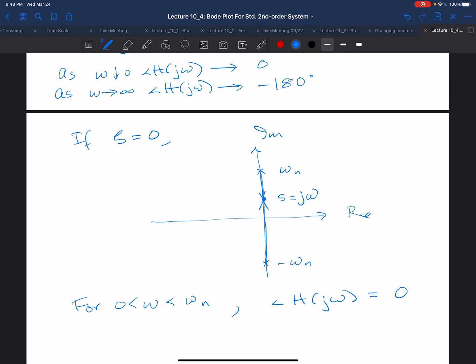But then the situation changes completely as soon as omega becomes greater than omega n. In that case, this second phasor will also be pointing directly upwards. Both phasors will have angles of plus 90 degrees. So the angle of H of j omega will be minus 180 degrees.